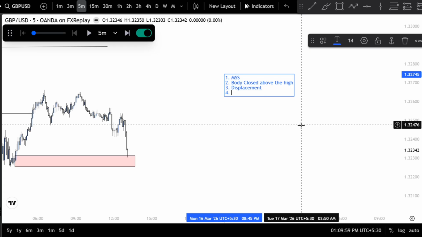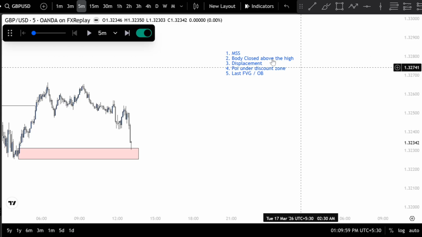Fourth, we have POIs under the discount zone. Fifth, last, FVG or order block.